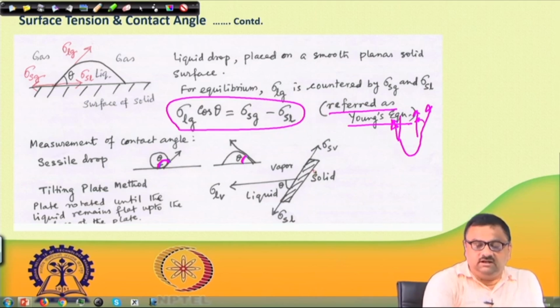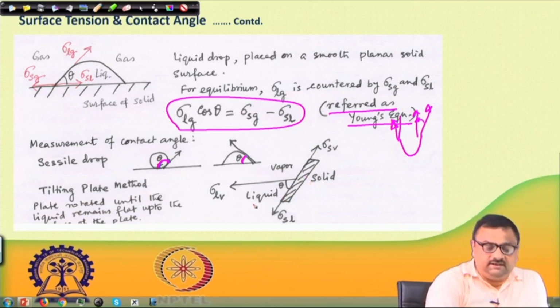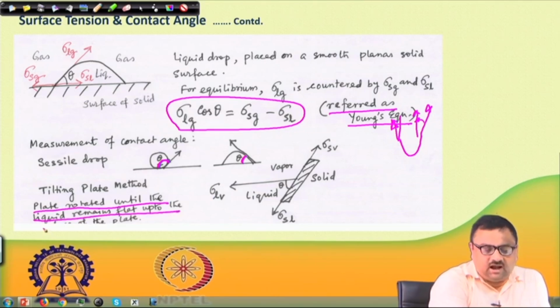For example, a solid plate can be placed inside a liquid and then gradually tilted. The plate has to be rotated until the liquid remains flat up to the face of the plate.